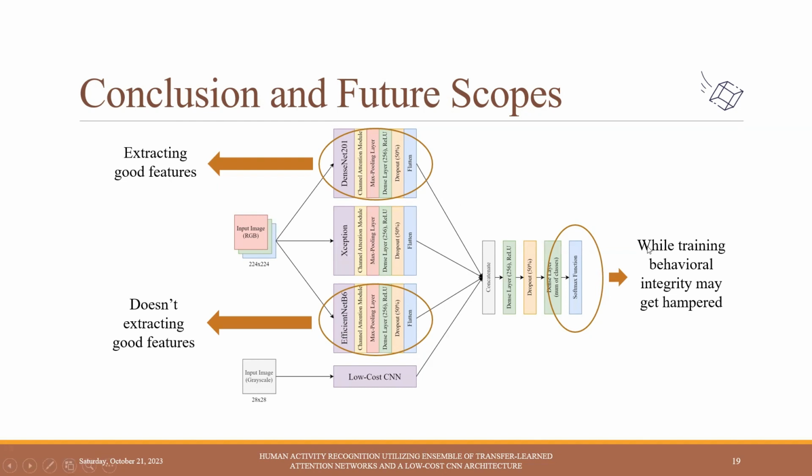So while training, we are hampering the behavioral integrity of the models or methods that we are considering here. To make EfficientNet V6 good, we are destroying the integrity of DenseNet 201 or Xception or the proposed low-cost CNN architecture. So that is the main limitation of our proposed architecture.